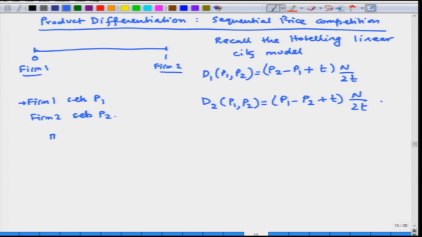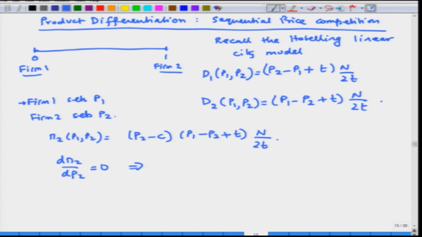So, if you look at pi 2, we have (P2 minus C) times D2, which is (P1 minus P2 plus T) times n divided by 2T. If we take the first-order condition and set it equal to 0, you can check, based on what we did earlier, that firm 2's best response function yields P2 as a function of P1, which is (P1 plus T plus C) divided by 2.